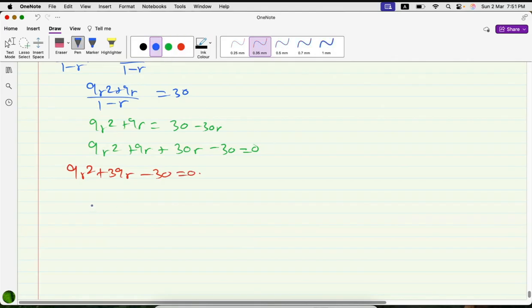I'm using the quadratic formula: minus b plus minus square root of b square minus 4ac, over 2a.